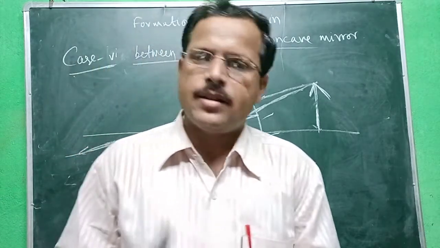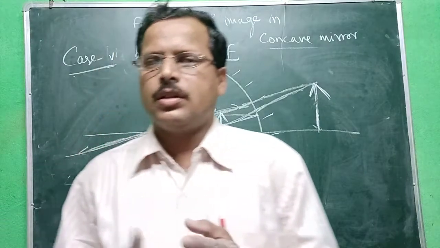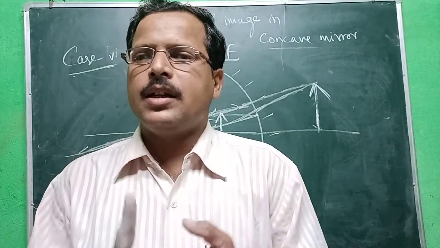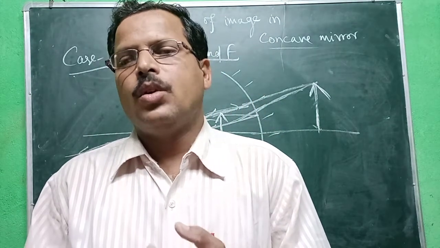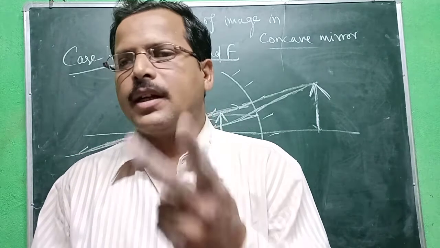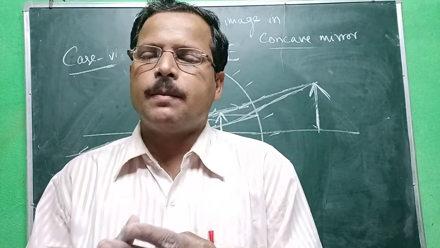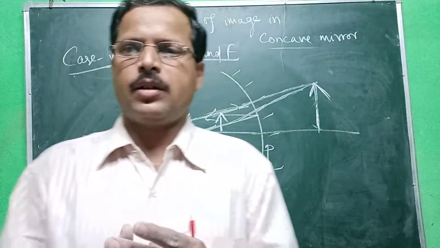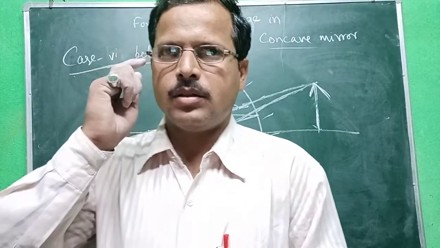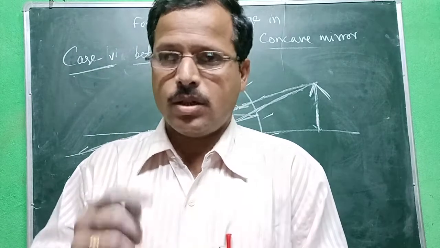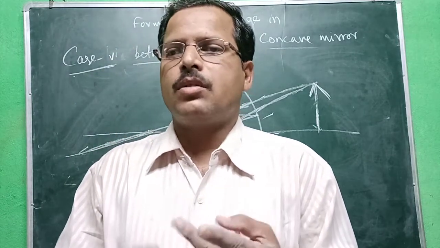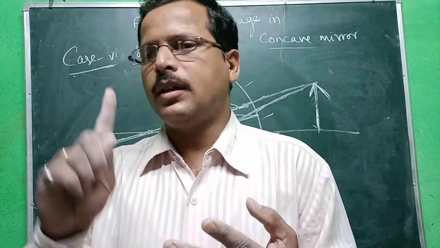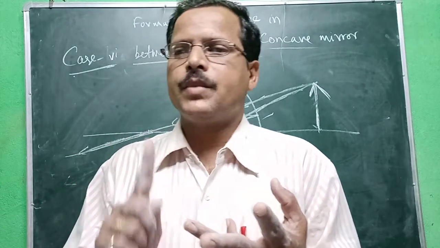And I exactly say 2 points here. The first: to obtain an image, we need at least 2 reflected rays where they intersect each other. And second, the crucial point while writing about the nature of the image, 3 points: one is the position, second nature, third size.